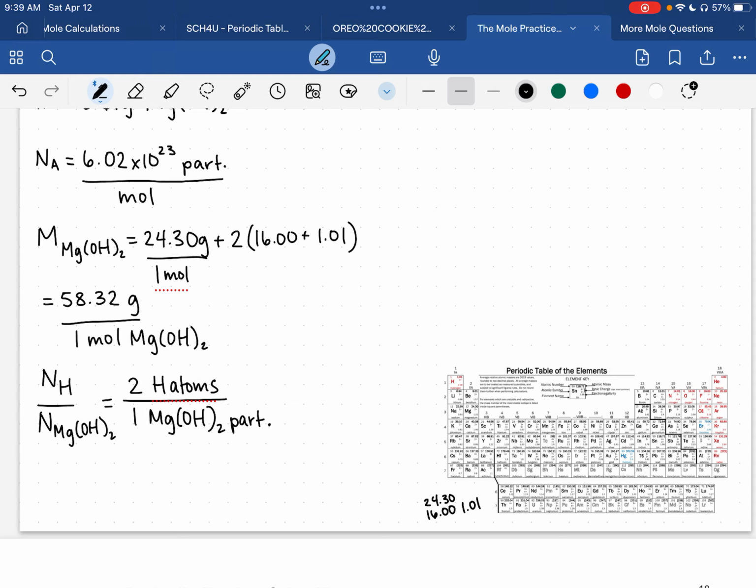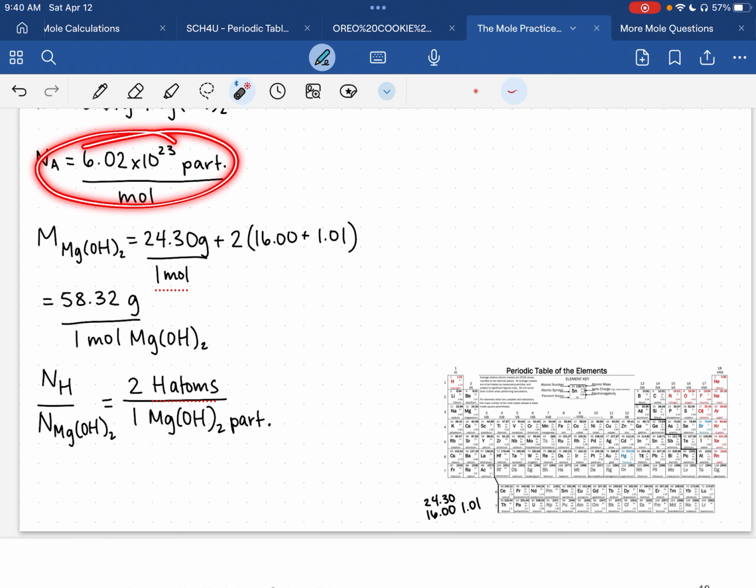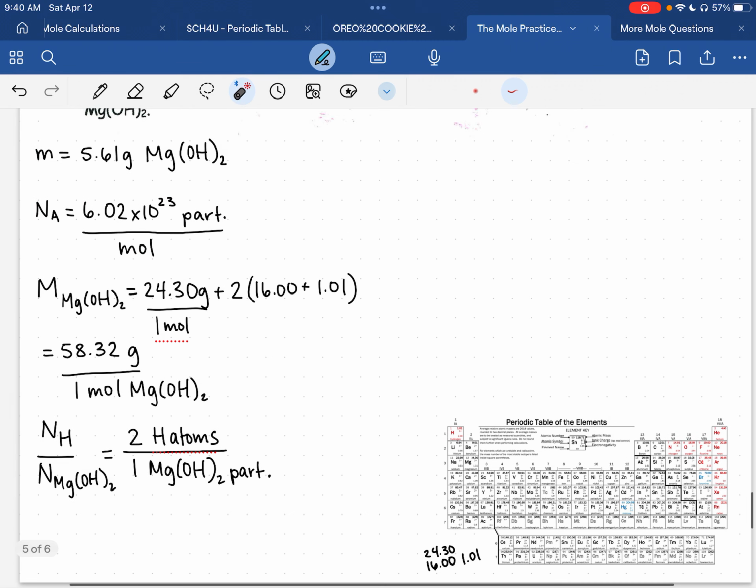I'll just use particles like that. Up here, I have my Avogadro's number, and that's the particles per mole. When we think about this, it's talking about the number of magnesium hydroxide particles, not hydrogen atoms. So we have Avogadro's number of magnesium hydroxide particles. I'm going to add that in up here: magnesium hydroxide particles per mole of magnesium hydroxide.